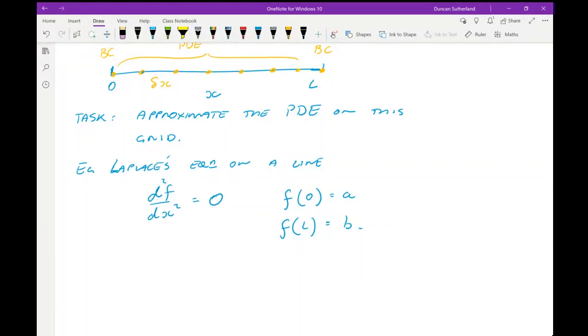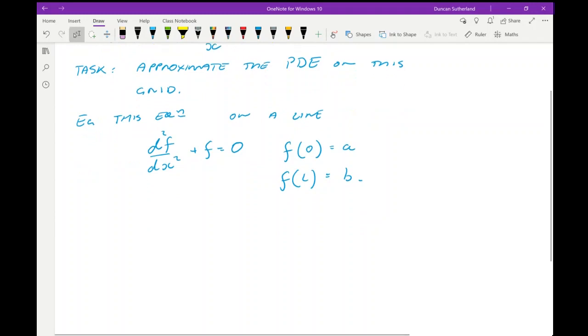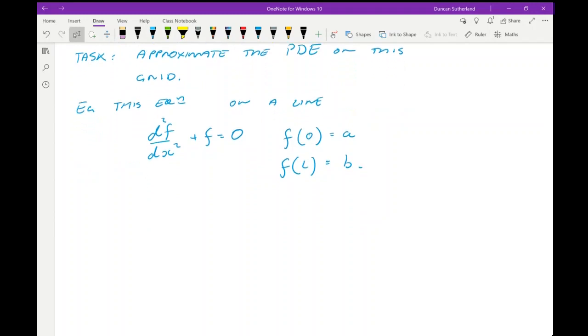In case this is singular, let's go for this instead. It's not Laplace's equation anymore, but I know this one isn't singular. This will have sinusoidal solutions. So you know how to solve this ODE; you've just got to make your eigenvalues work for 0 and L.